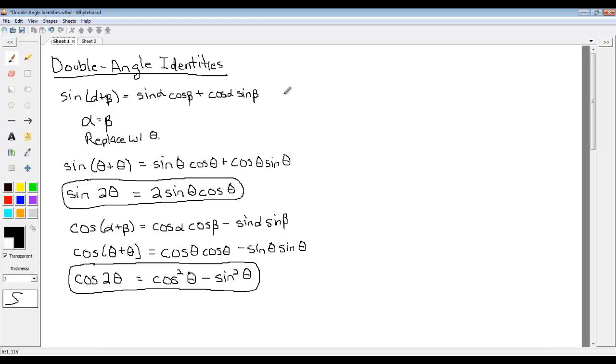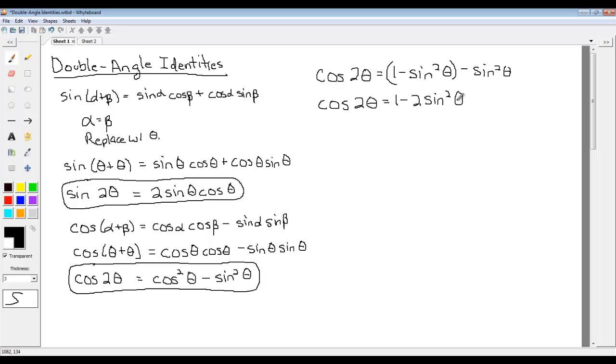Alright, what if we take cosine 2 theta and play with it a little bit? Let's say we replace cosine squared theta with 1 minus sine squared theta. Well then, cosine 2 theta is 1 minus 2 sine squared theta. And that's yet another one of our double angle identities.